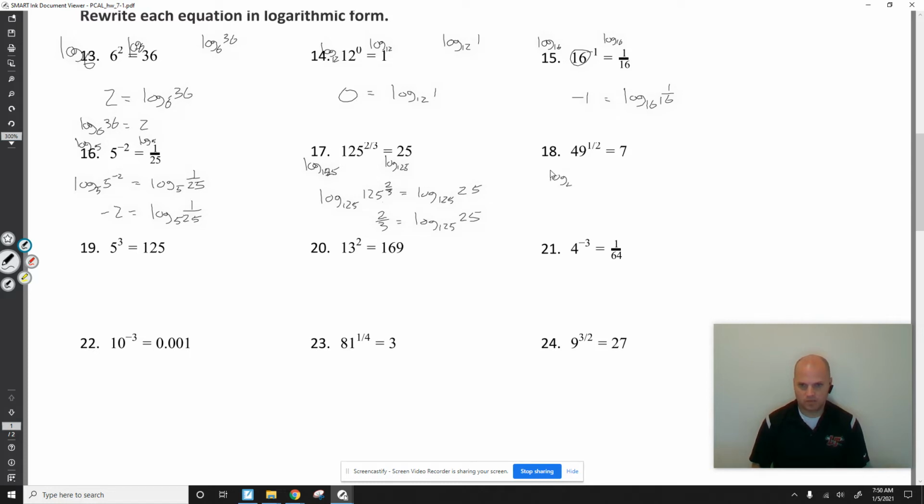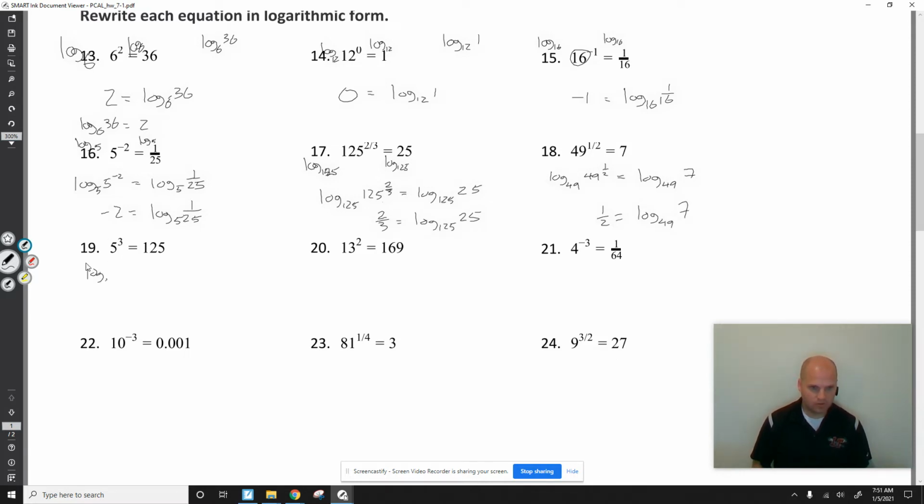Taking the log base 49 of both sides. If I had space, I would write it on the left and on the right. And these cancel, leaving you with 1/2 equals the log base 49 of 7.